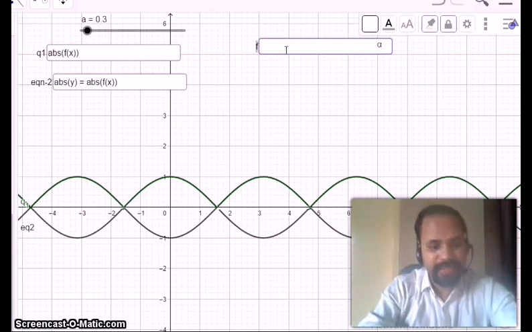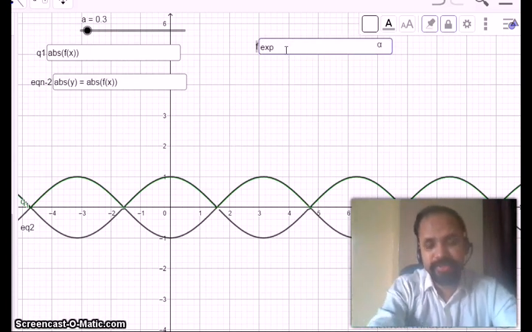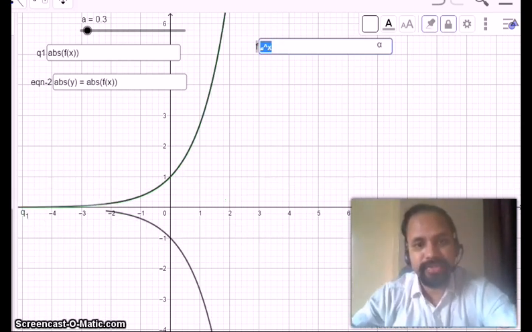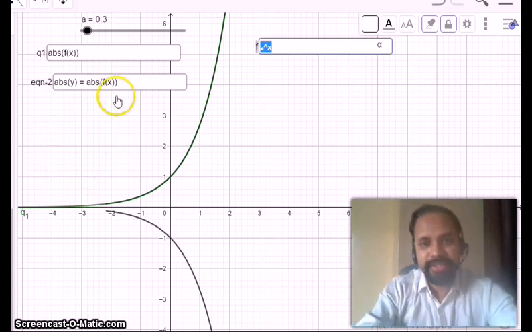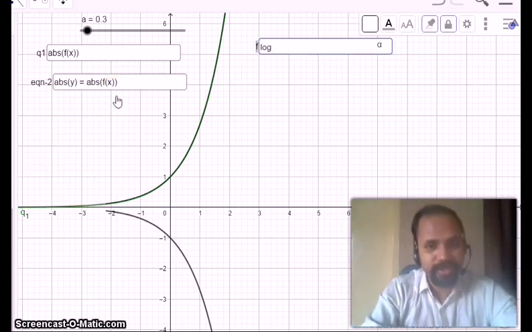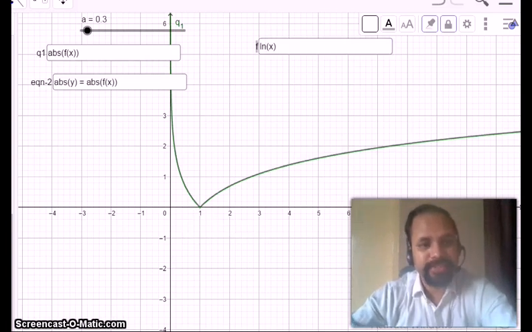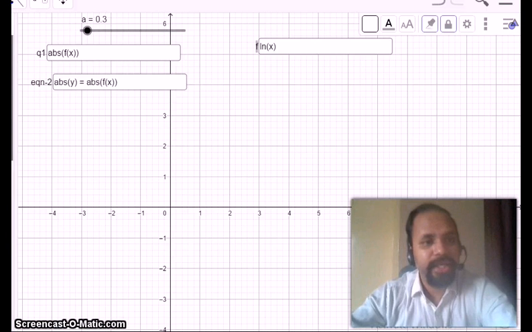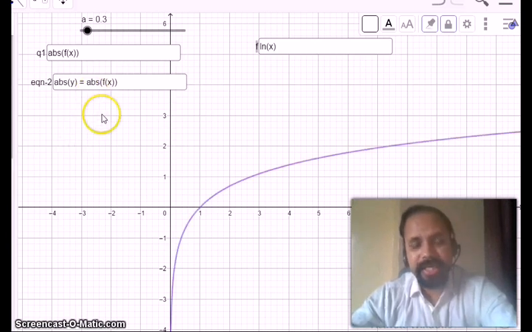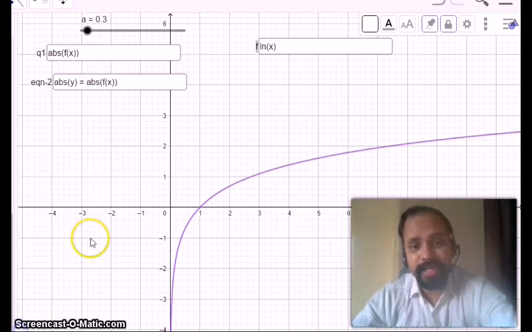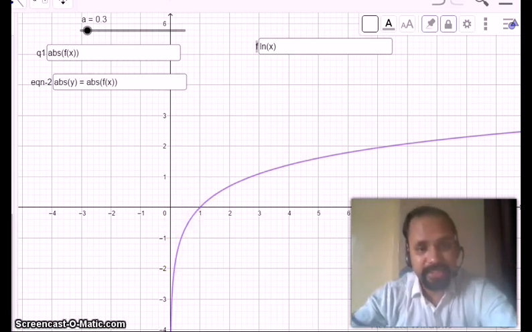You can change any graph, if we have an exponential function of x, or you can change log x. Okay, see one by one. If we have the graph log x, first we have the graph log x, and in mod of log x, we have to take the image of the part that is below the x-axis with respect to the x-axis.